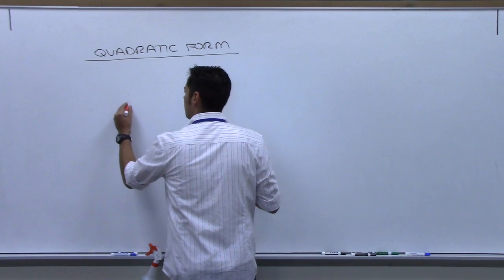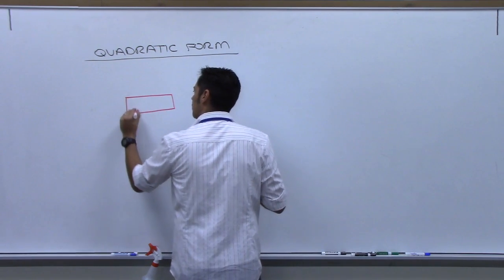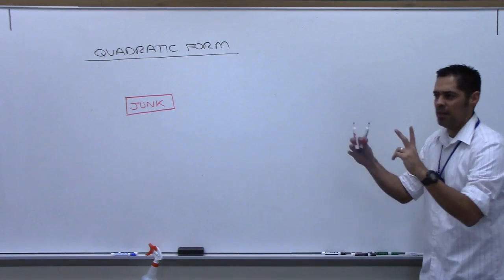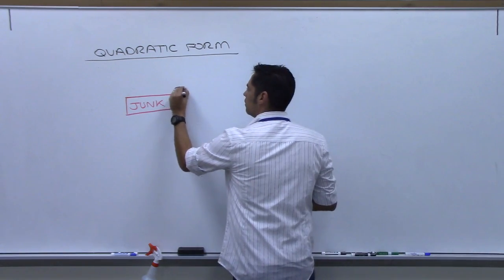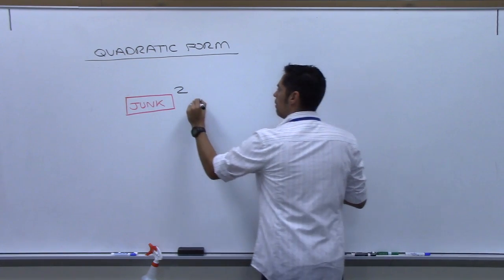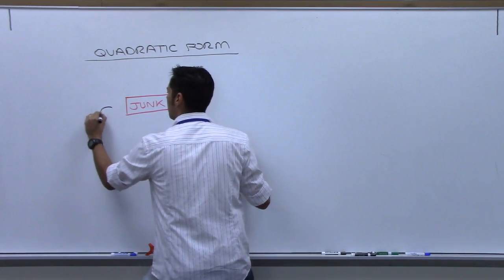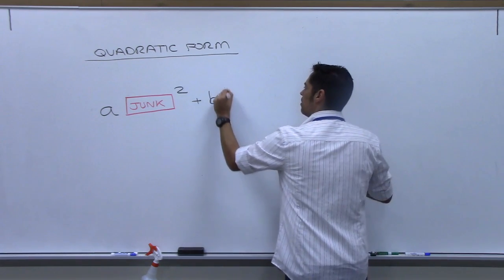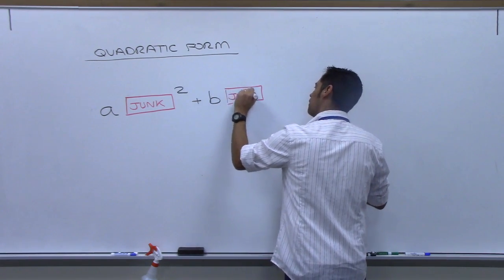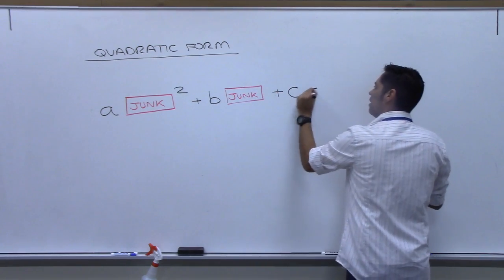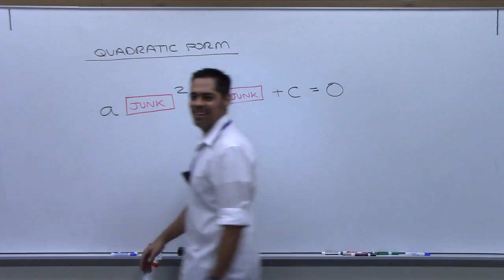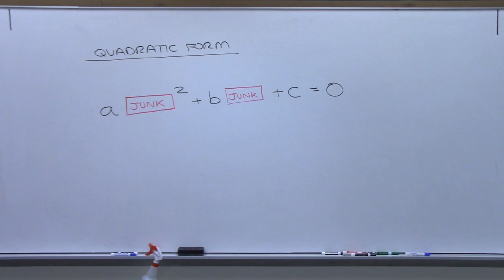We're looking for an equation that has some junk. Yes, that says junk. Some junk, and it's squared. Plus, and let's put a in front of this. A junk squared plus b times the junk again plus c equals 0. Here I'm telling you need to make your writing look a lot better, and then I'm using junk in here. I know it doesn't seem right, but the whole idea is that this is what a quadratic form equation looks like.